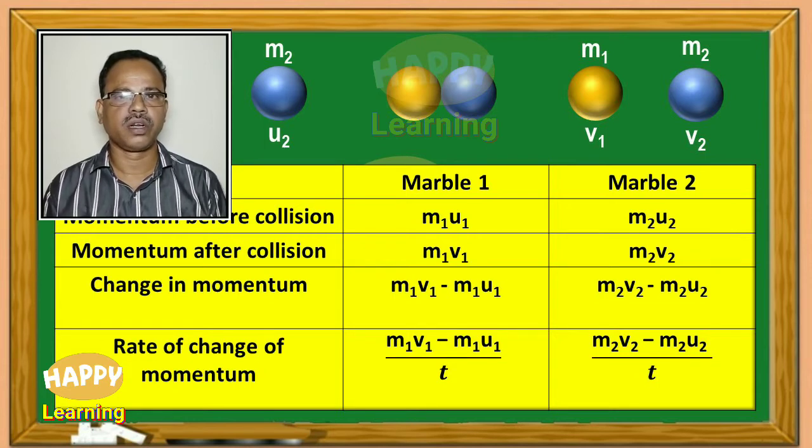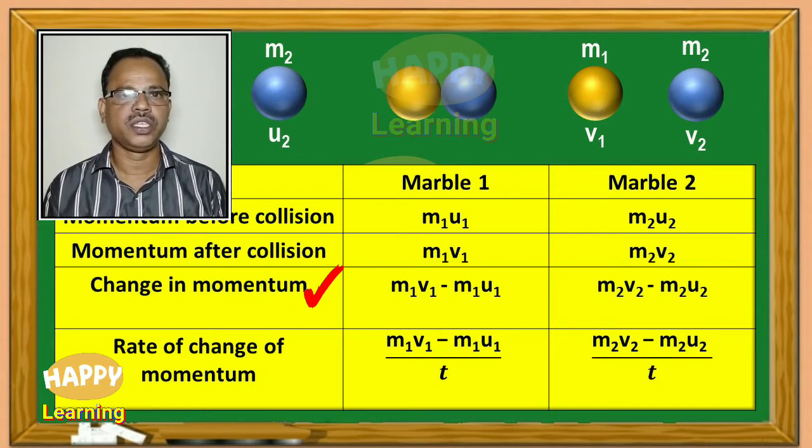Okay, let us move to the third row. Change in momentum. What is change in momentum? In general, what is the change in any value? Final value minus initial value. So here change in momentum will be final momentum minus initial momentum.